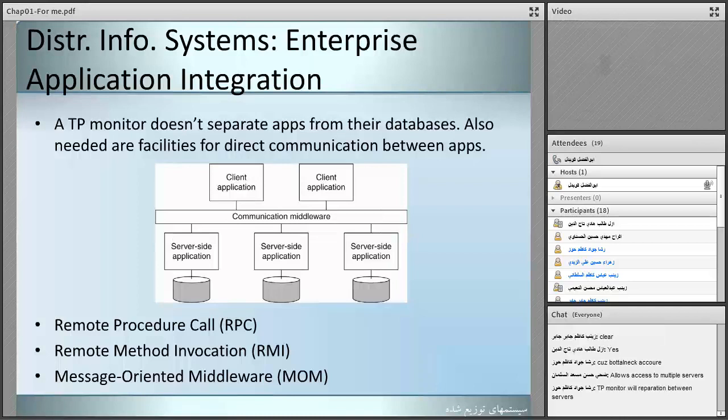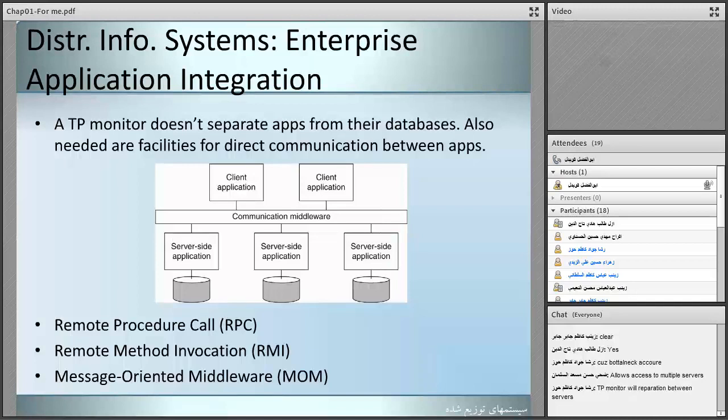In enterprise application integration, we're still talking about distributed information systems. We said that a TP monitor can monitor and control transferring data between multiple terminals, but it doesn't separate applications from their databases.